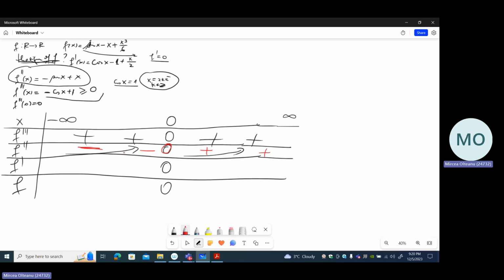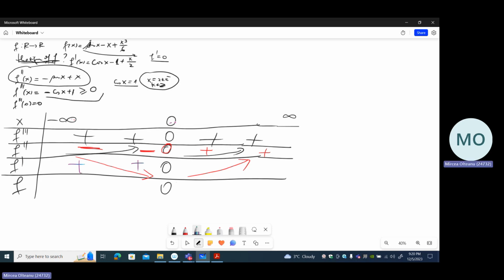Now, because on the interval minus infinity, 0 the second derivative is negative, f prime will be decreasing, and on the interval 0, infinity, f prime will be increasing. Accordingly, the sign of f prime on minus infinity, 0: it is decreasing to 0, so it will be positive here.